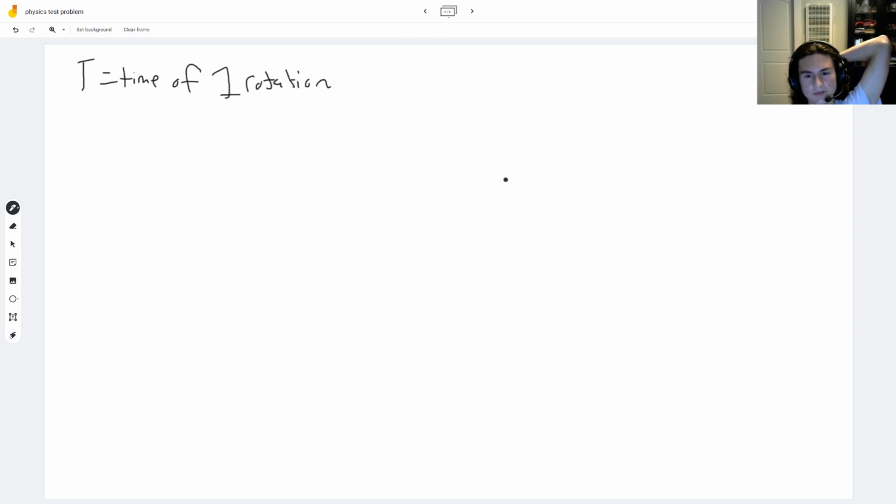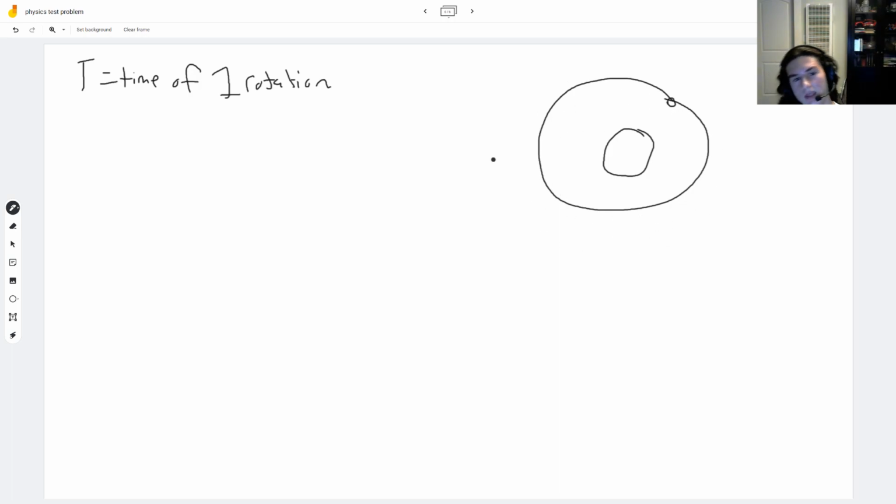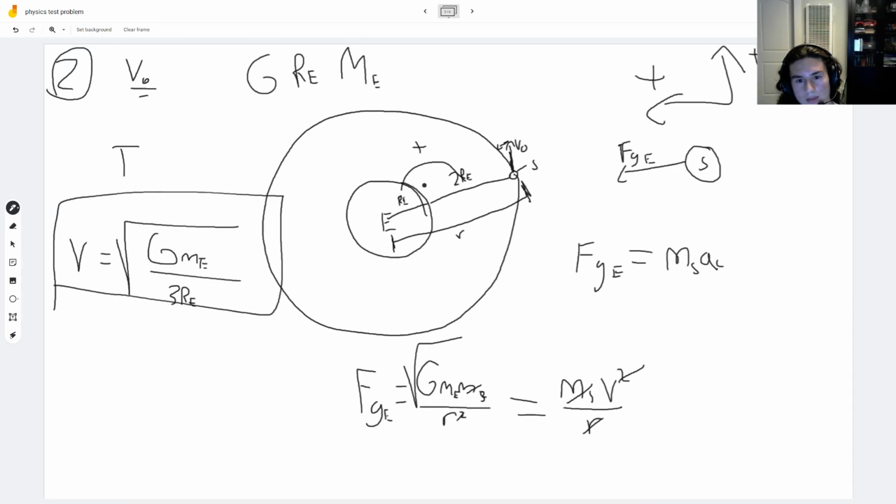So if this is traveling in a circle around the Earth, we know that this is basically going to be a circumference if it's a perfect circle. And we know the equation for circumference is equal to 2 pi r. So now all we have to do is figure out what r is. But wait, we already did that in the other equation.